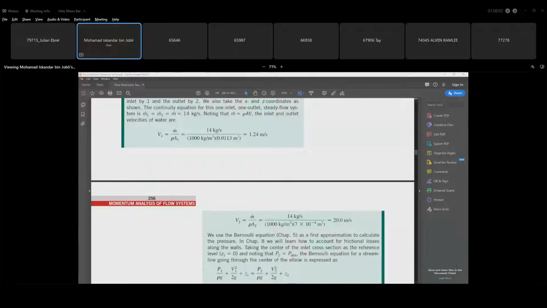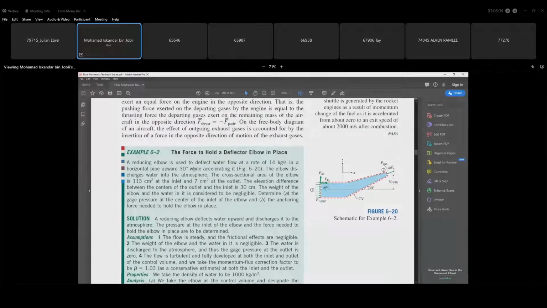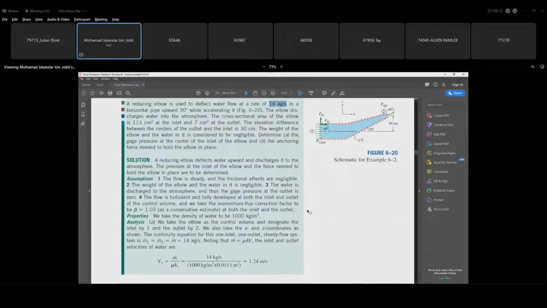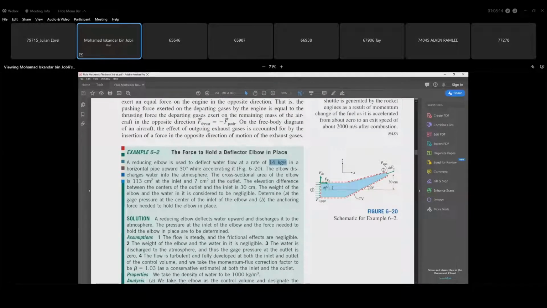What will be the mass flow rate in this case? Is the mass flow rate given? 14 kilogram. Let me ask you a question. What will be the mass flow rate at point number two? It's the same. When you have one inlet and one outlet, assuming that this is steady, the mass flow rate at point number one and point number two is the same.